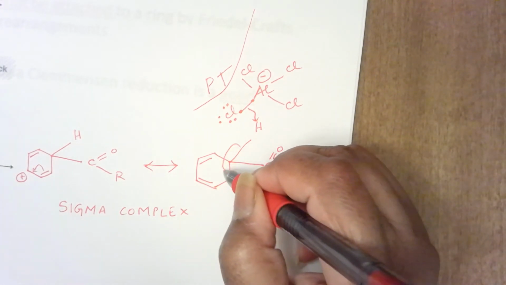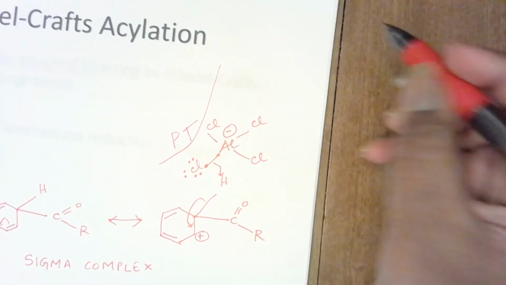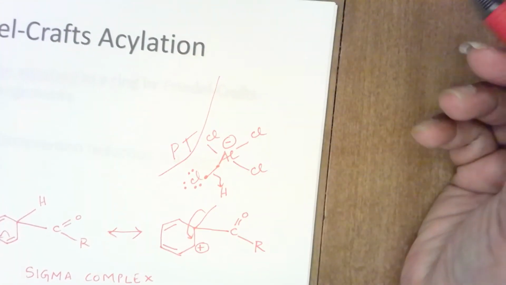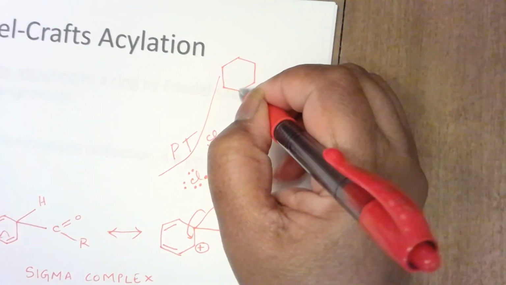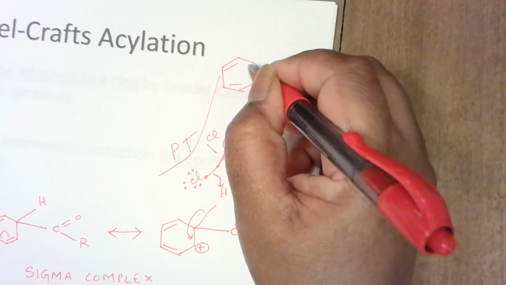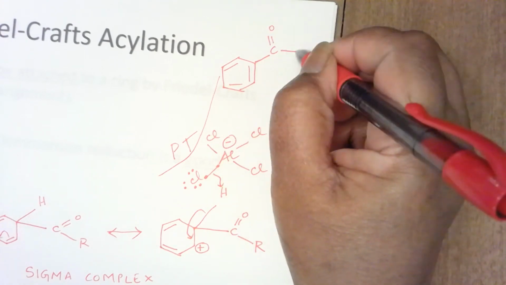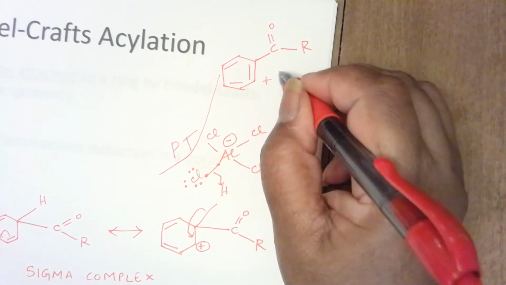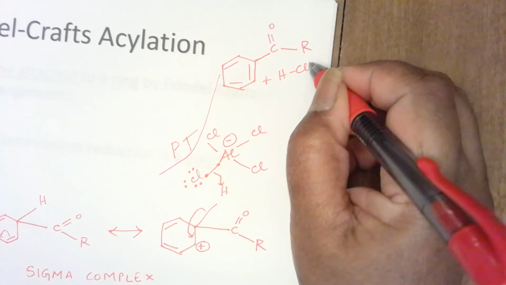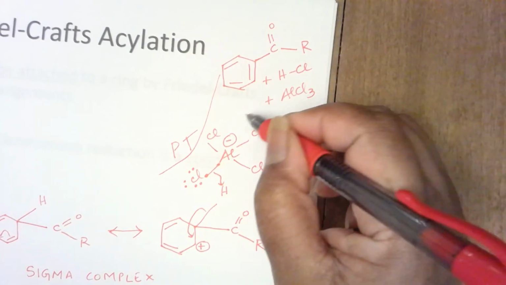This folds in. I'm going to draw the products up higher. So you have the benzene ring, plus HCl, plus your regenerated catalyst.